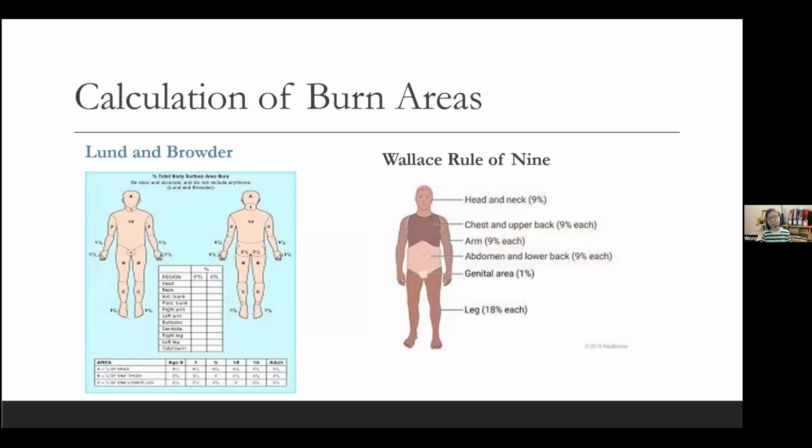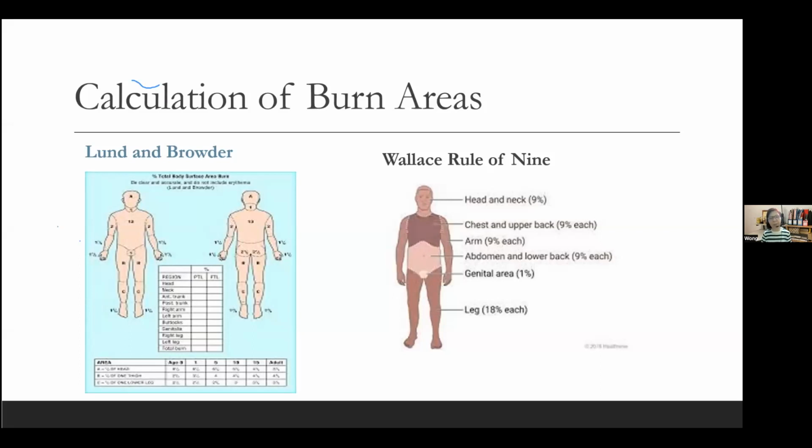It is 9% for most places: head and neck, chest, and upper back; for the arms, one side is 9%, both sides 18%. The abdomen and lower back are 18%, and the genitalia 1%. The leg is quite a big surface area, so it is 18% on each lower limb. This is more suitable for adults.